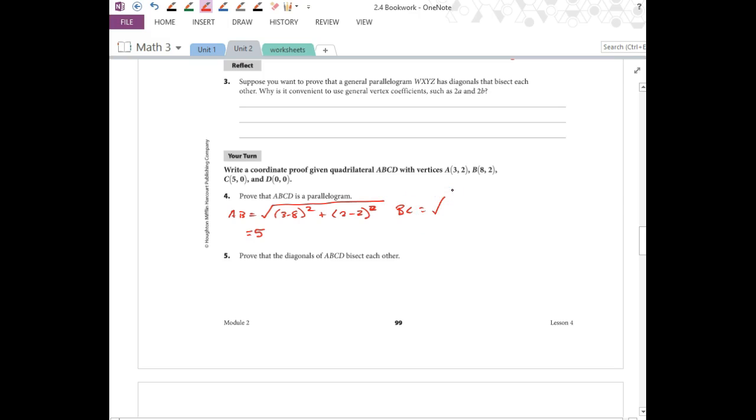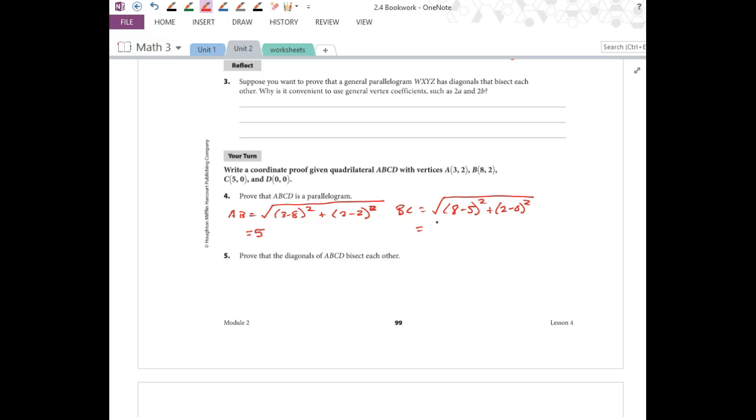BC. Okay, so from B to C, we're going to do change in x's. So 8 minus 5 plus the change in y's. 2 minus 0. Can you do that in your head? So 8 minus 5 is 3. So we got 3 squared. 9.